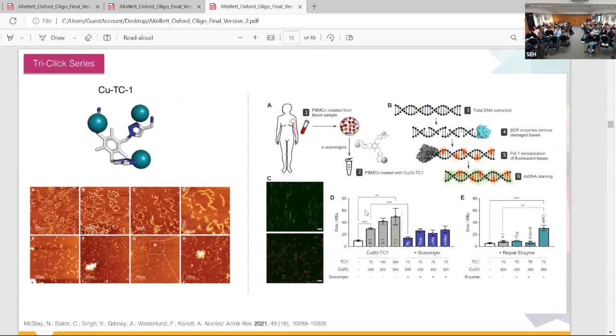We've been able to visualize the damage using atomic force microscopy. And in some cases where DNA damage occurs, we can see condensation effects from the fragments as they aggregate. We've again collaborated with Frederick Westerlund, and it turns out that DNA damage is dependent on copper. We can see scavenging activity by Tiron, and we also have specific repair enzymes that are responsible and can recognize DNA damage.